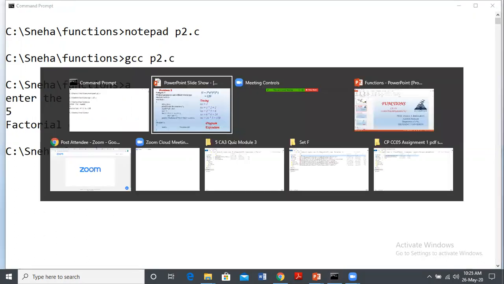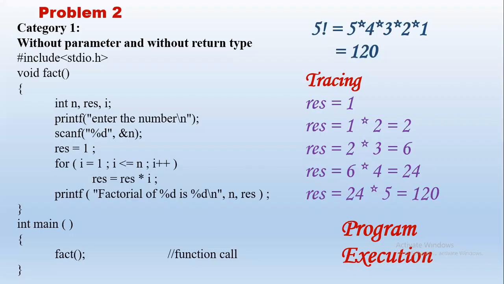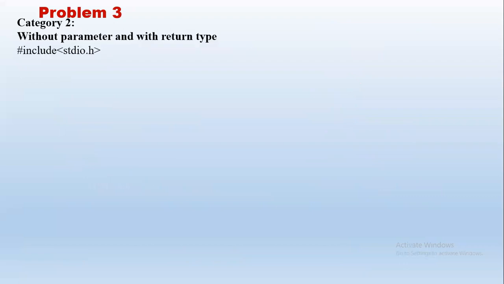So going back, here we have the first category. Let us see the next one. So here second category is problem 3 in the lab sheet 4. So that is without parameter but with return type. So here we don't pass any parameter but we are getting back the answer to main, right? So let us see the main. First we define header file and then the control starts from main.